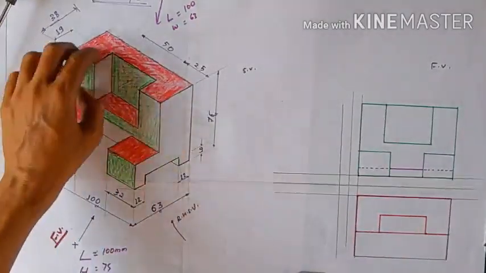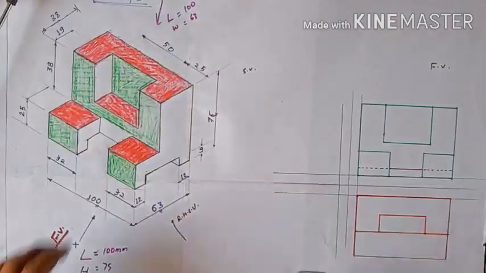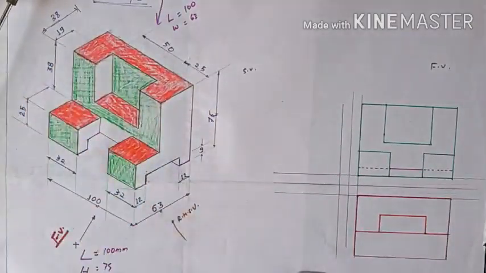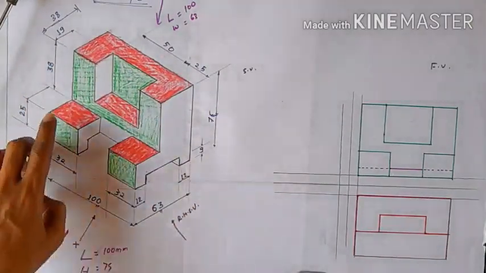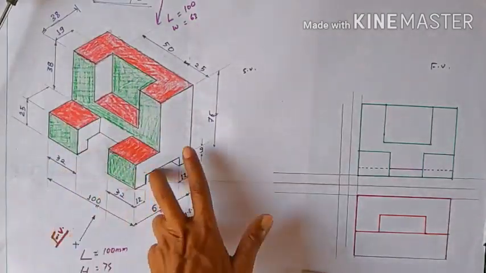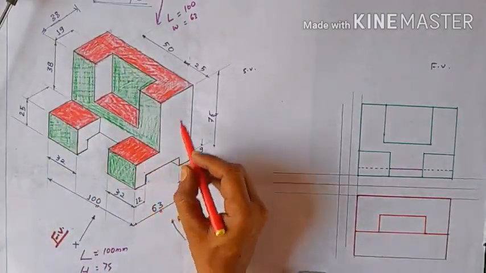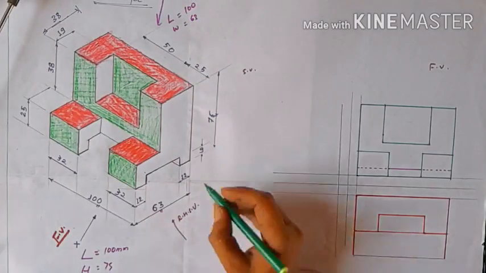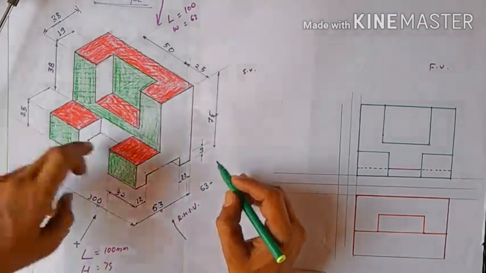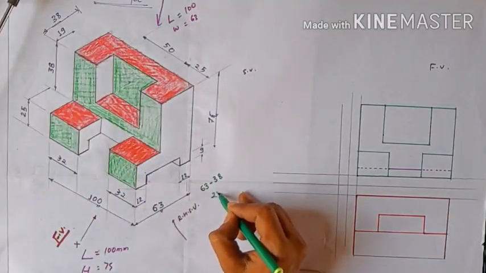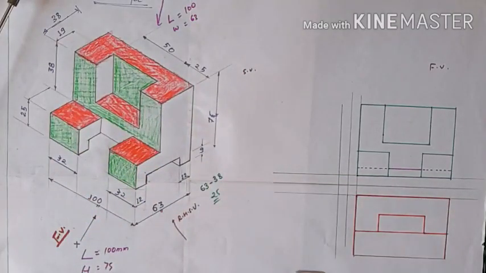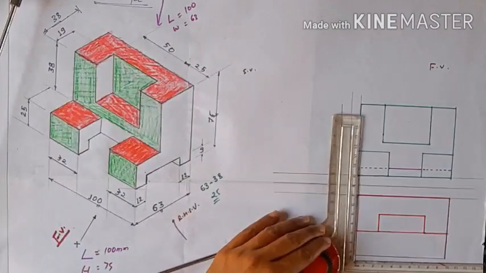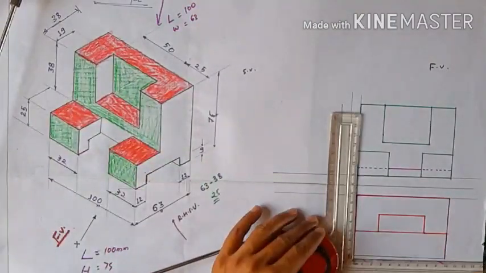From the top, this is only that part, and what we missed, let's draw these boxes. Like 32 mm, and what about this? This is 38 mm, and the total width is 63 mm. So 63 minus 38 is again 25 mm. Mark from here 32 mm.